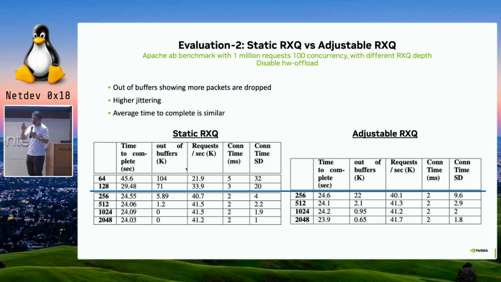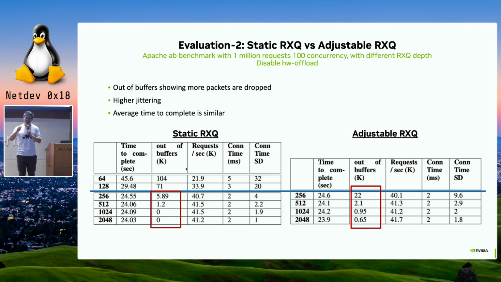So that's the static one. For this one, we are comparing the static RxQ size from 64 to 128 against the simple algorithm we mentioned, the adjustable RxQ, which has a low watermark and a high watermark. First we see that the out of buffer case, which is the packet drop case, is higher for the adjustable one, which makes sense because in the very beginning we only give it 128 buffers.